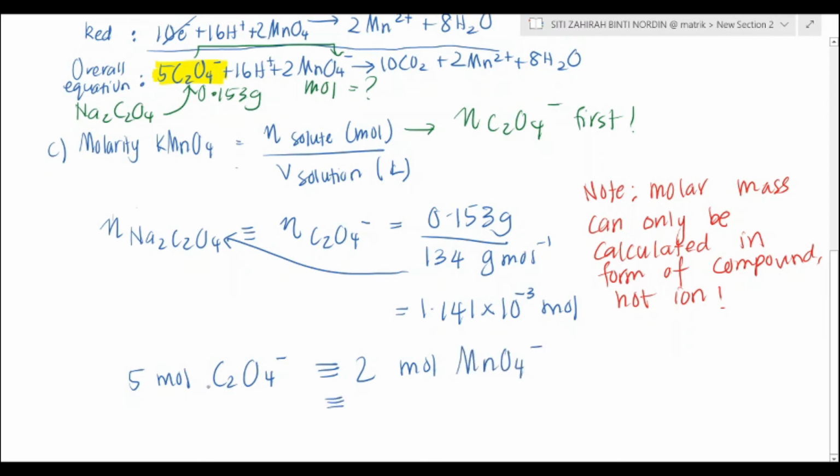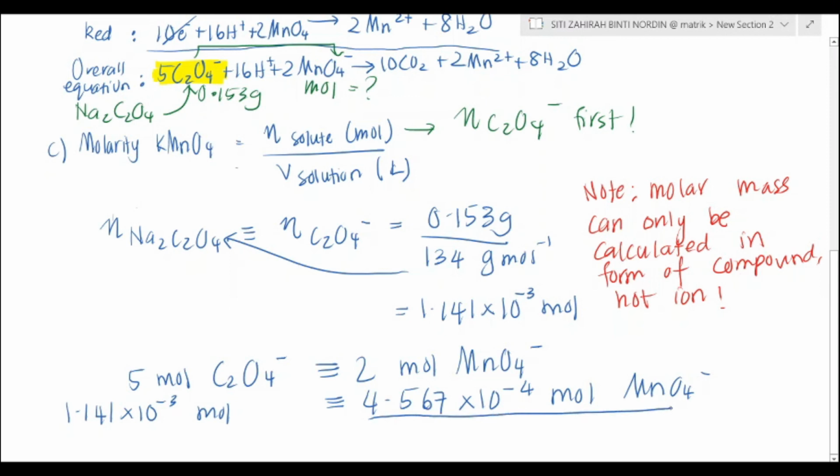So if 5 mole C2O4 2- is 1.141 times 10 to the power of minus 3 mole, then the mole for MnO4- would be 4.567 times 10 to the power of minus 4 mole. Okay, so you have the mole already. So let's find out the molarity.